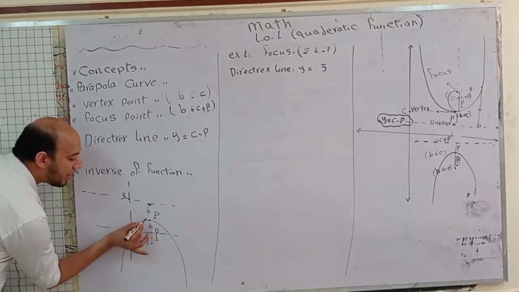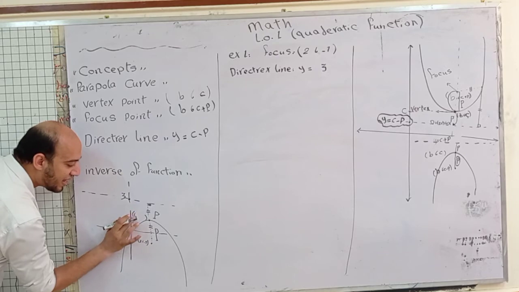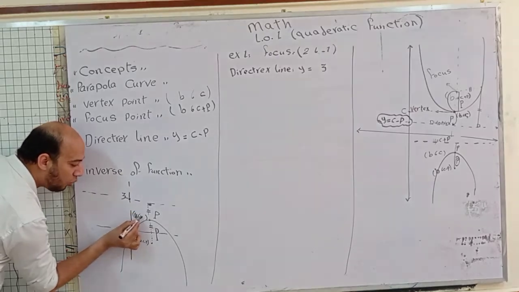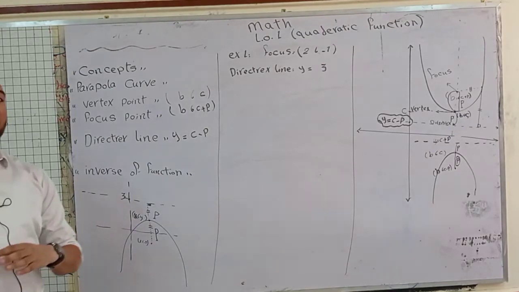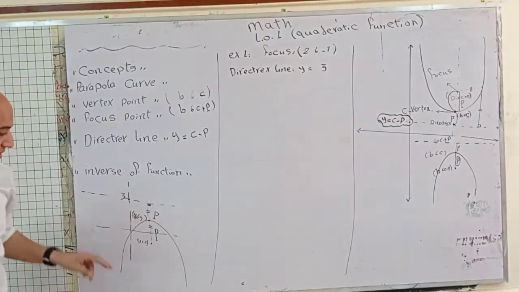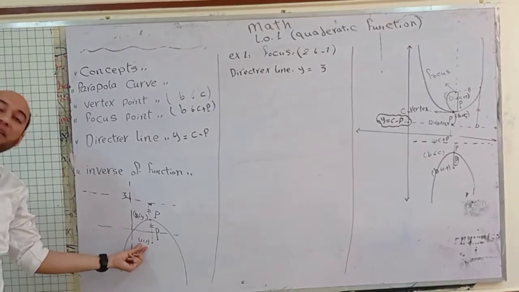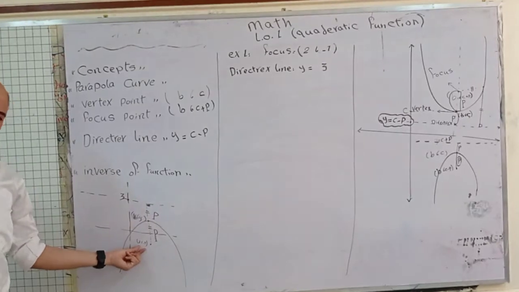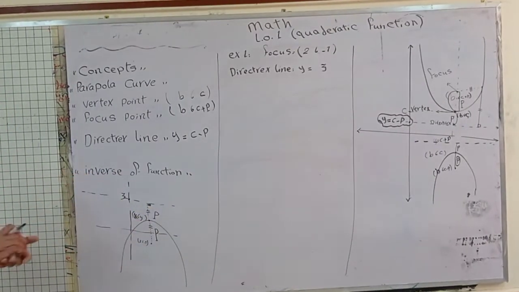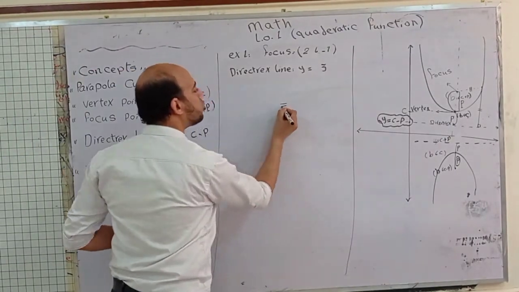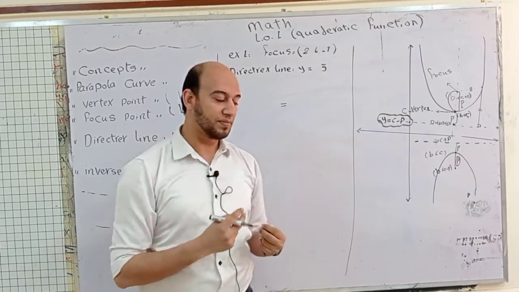Now, we will suppose that this point's coordinates are x and y. Then the distance between (x, y) and (2, -1) is the same as the distance between (x, y) and this line.